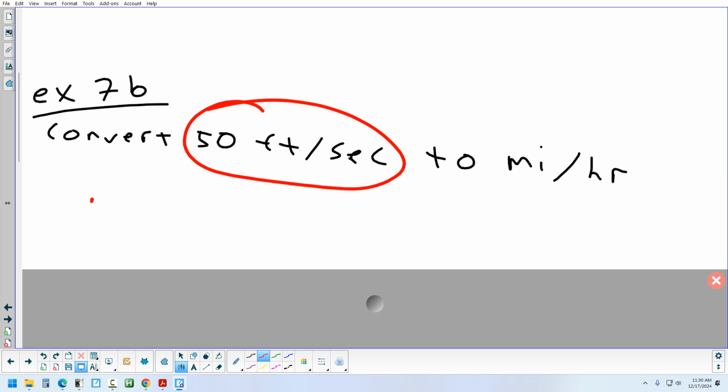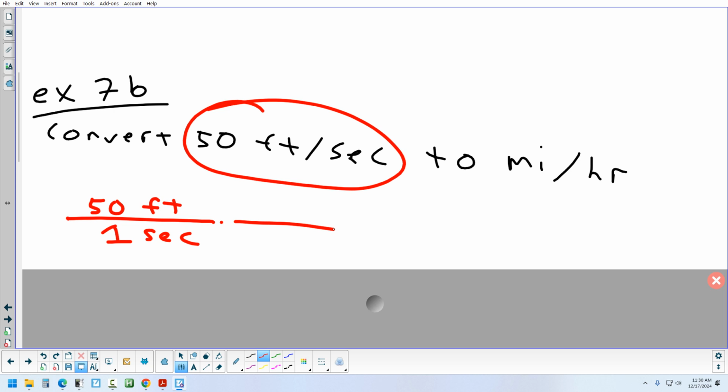So that's 50 feet in 1 second. Seems pretty fast. We're going to convert that to miles per hour. So there are 2 separate problems we're doing here. We're trying to change feet to miles, and we're trying to change seconds to hours.